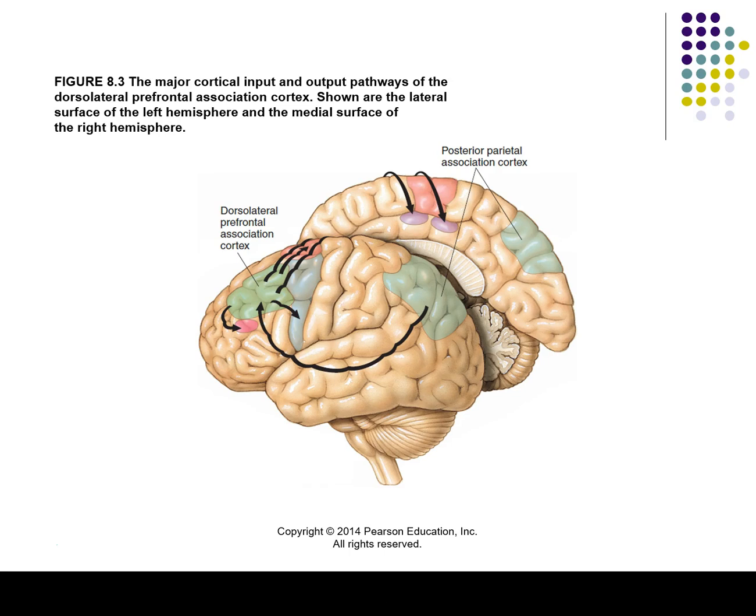Let's look at this one. Now we're looking at the greenish area in the frontal lobe, and you can see arrows moving over to some of the secondary cortex, the frontal eye field that you see there, and also areas of secondary motor cortex.